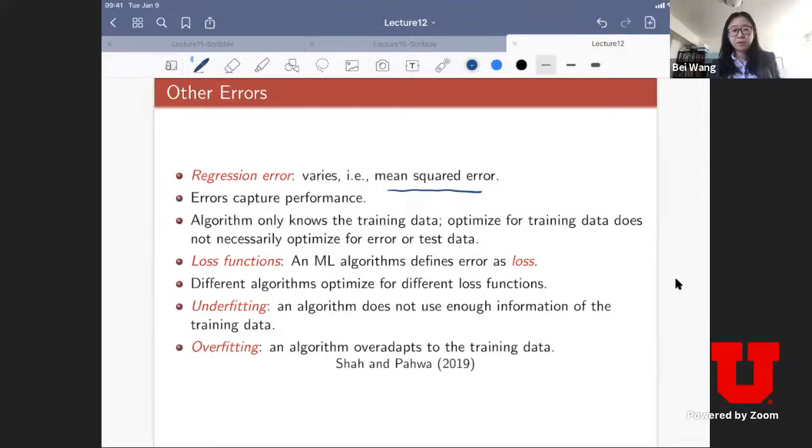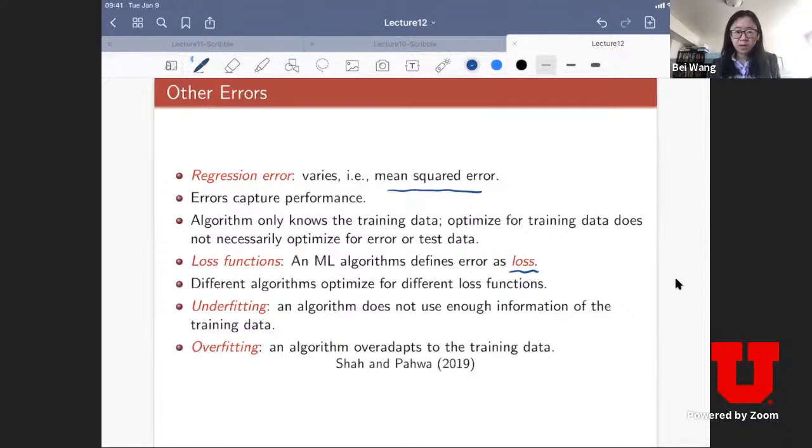Sometimes there is a way to define the error, and they define it as what's called a loss function. Different optimization algorithms optimize for different loss functions. This is a term you're going to see later on when you read the literature in this space. And then there is also the term about underfitting versus overfitting.